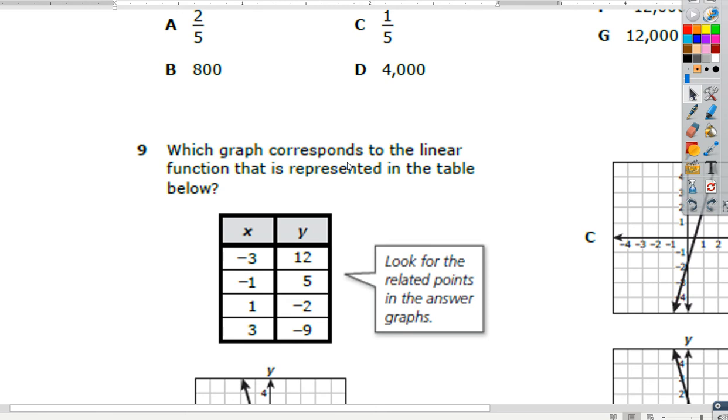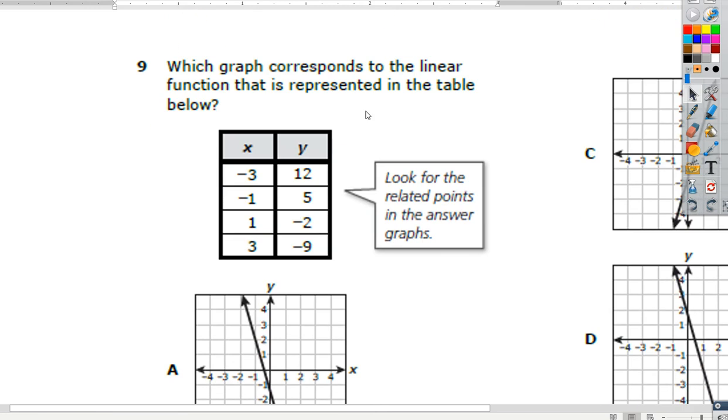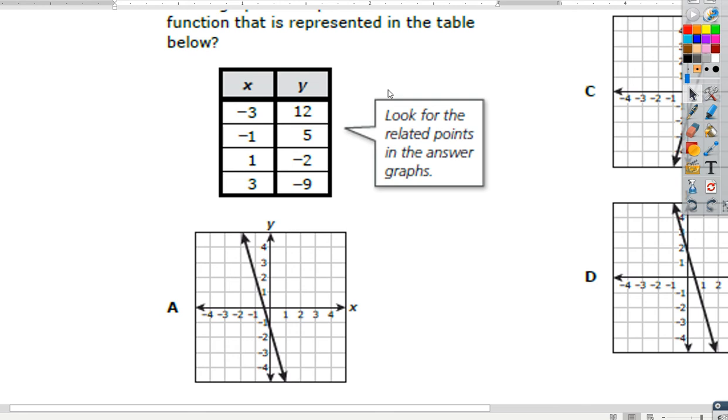And see if you have answer choices, so it makes it easier. Number 9, which graph corresponds to the correct linear function as represented on the table below? There are different ways you can do this, but I would do, for example, negative 3, 12. Negative 3, 12 would be way up there, right? Negative 1, 5 is right here.